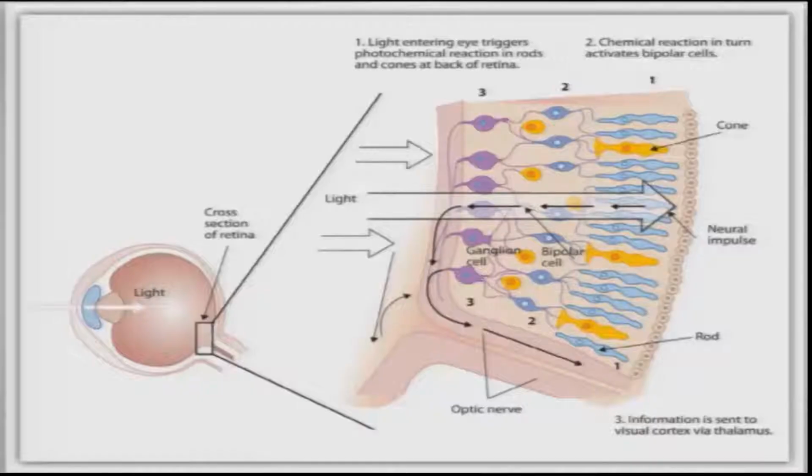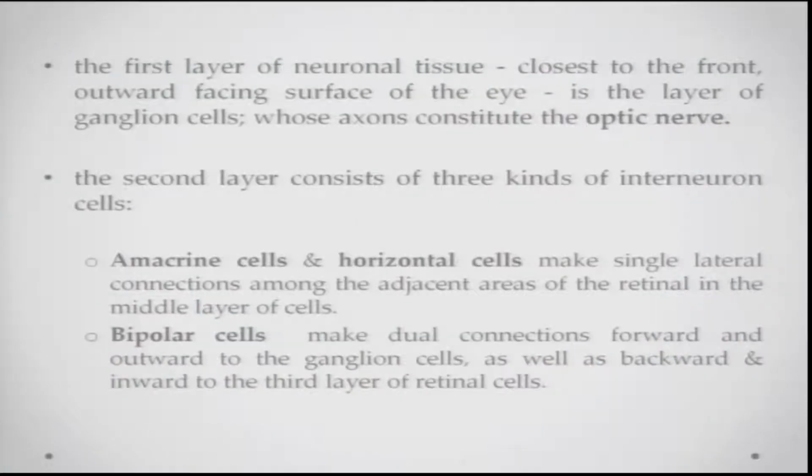I'll show the figure to you now. You can see that there are these ganglion cells in layer number 3, the axons of which form what is called the optic nerve. Coming back, the second layer consists of three kinds of interneuron cells: the amacrine, the horizontal, and the bipolar cells.